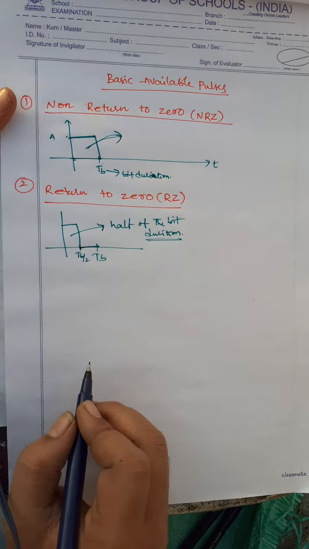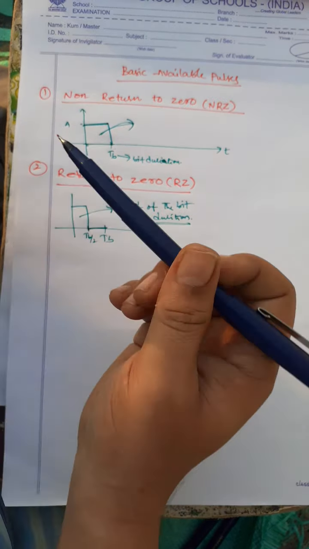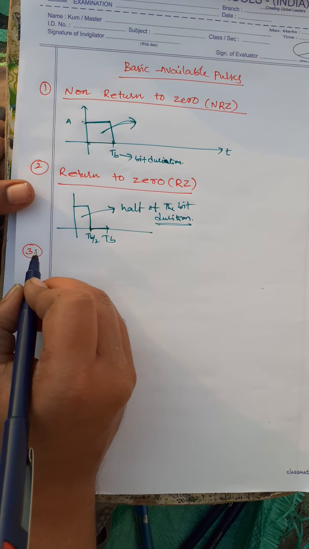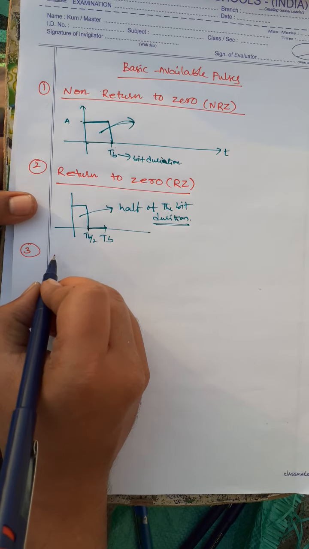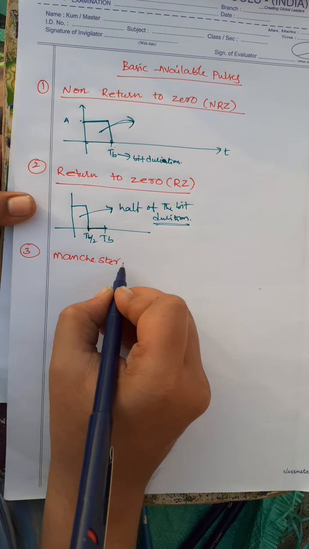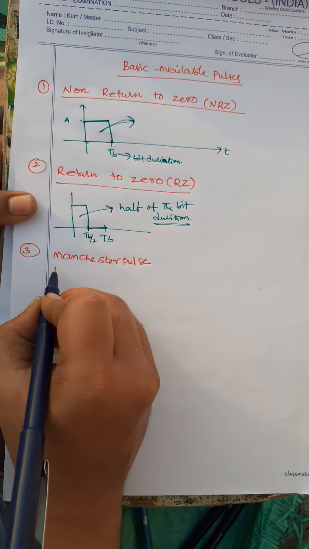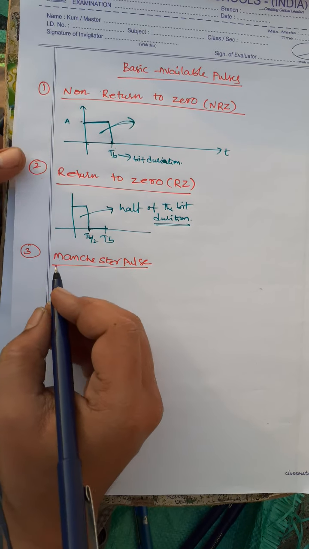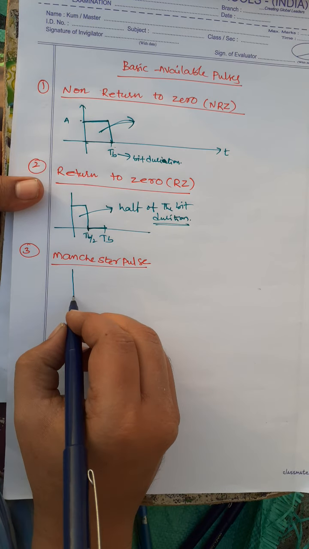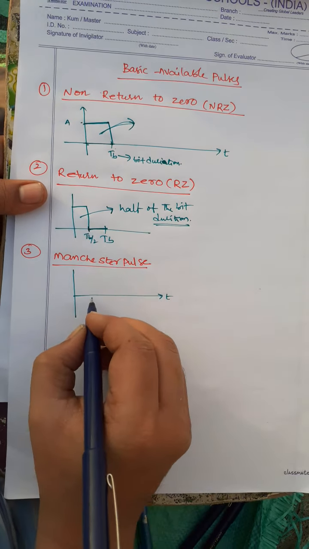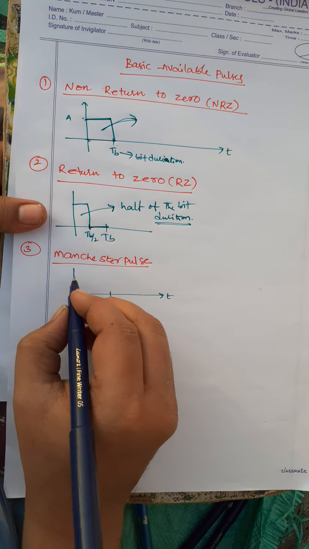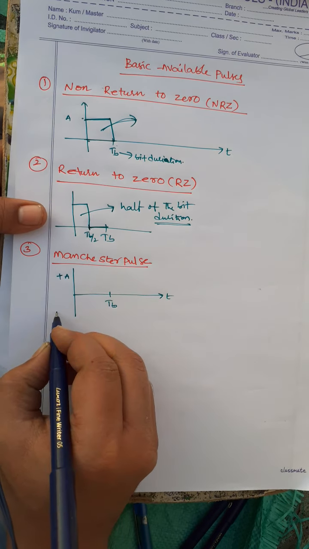Next, this is the second one. The third one is the Manchester pulse. In this Manchester pulse, it consists of two voltage levels.